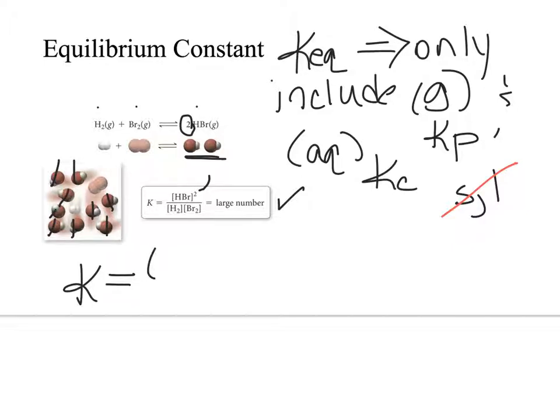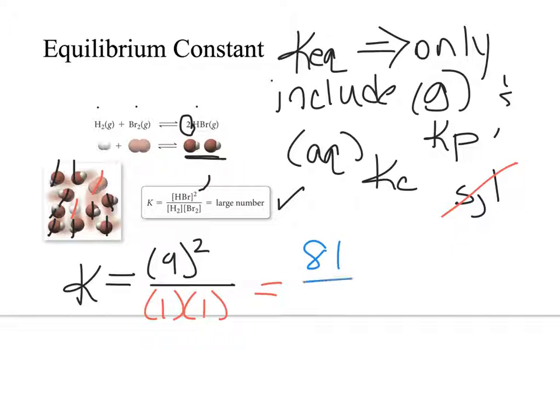So I plug that in, 9 squared on top. And then down at the bottom I have 1 hydrogen and 1 bromine. So I put 1 in each of those. Then I go ahead and solve the math. 9 squared is 81. 1 times 1 is 1. So K is equal to 81.